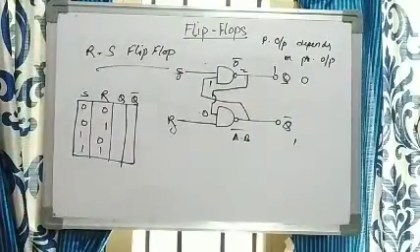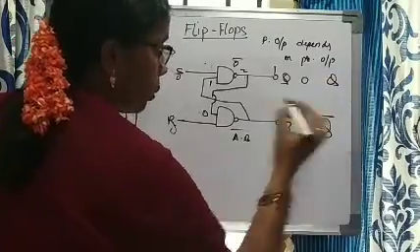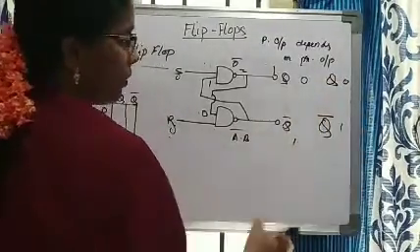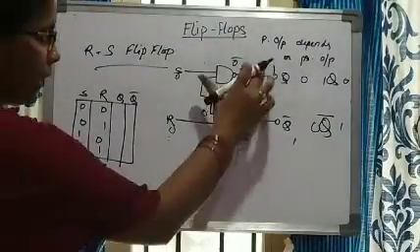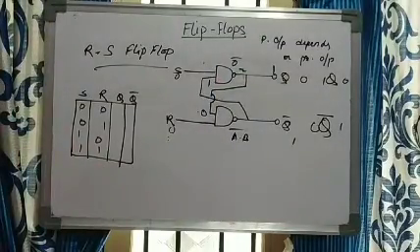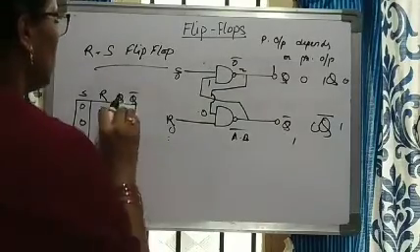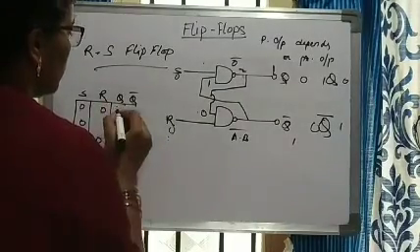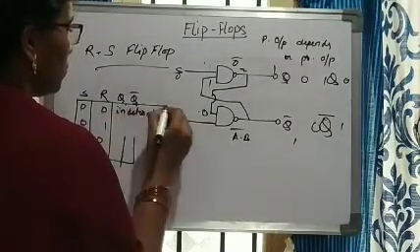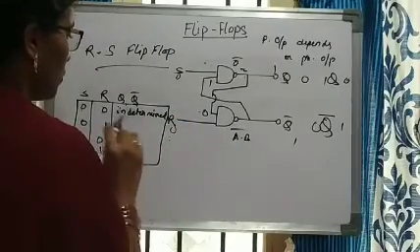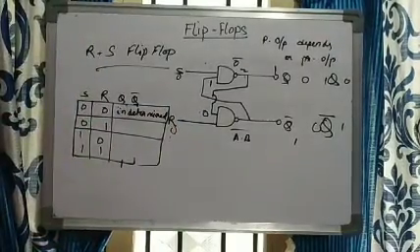Is that possible? No, because Q and Q bar are complements: if Q is 0, Q bar must be 1, and if Q is 1, Q bar must be 0. But here both are equal to 1. So it is an indeterminate case.